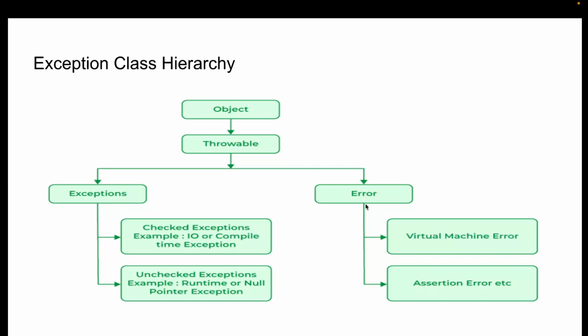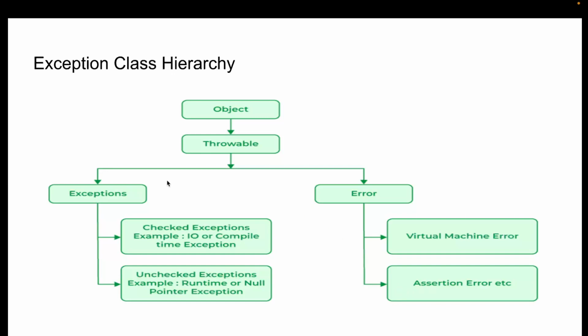And see, what are the types of error that can occur? Virtual machine error, hardware runtime error, assertion error. So these are the kinds of errors that are categorized as Error. You do not have control over these errors. Suppose your VM breaks down or there is an issue with your operating system. That you cannot handle at the Java program level.